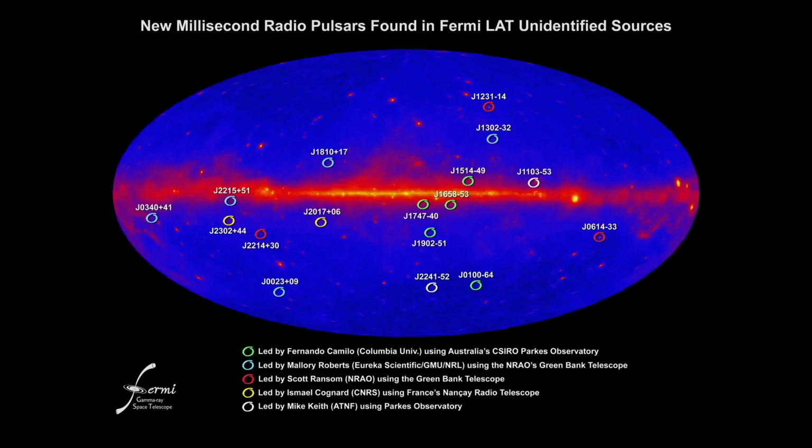And all those little circles are discovered pulsars from the gamma ray sources from the Fermi Gamma Ray Telescope in the sky. So this is an all-sky view showing a series of discovered locations in the sky for pulsars. So they emit both gamma rays and radio, as well as optical light.